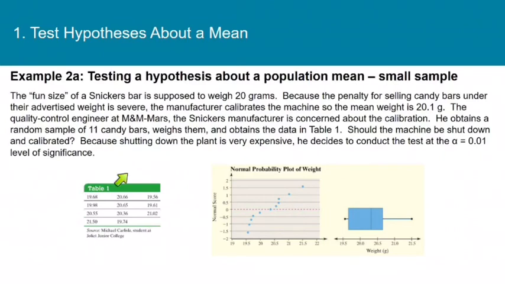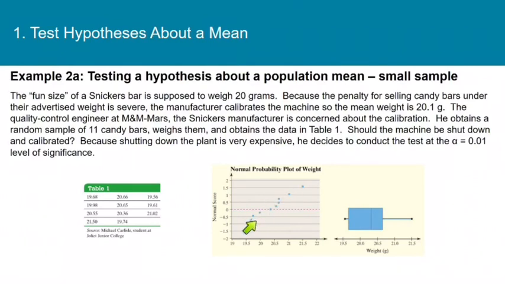Now, because his sample is so small, he needs to make sure that it's reasonable to assume that the population is normally distributed, and he also needs to make sure that his sample contains no outliers. So we can see from the box plot that the sample contains no outliers. That's good. And we also can see from the normal probability plot that although it does dip down pretty badly here, the dots are actually straight enough for us to go ahead.